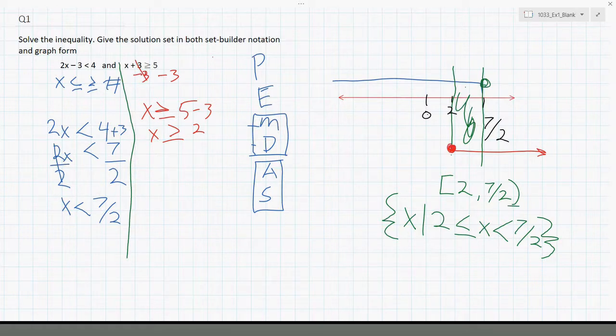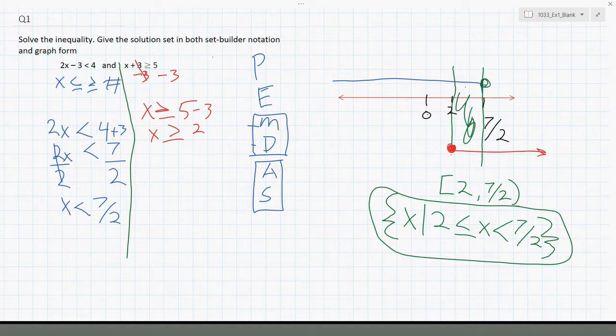So that's what the end answer would look like right there. That's the set builder notation that they're looking for, because we're stating for the variable x, we want between 2 and 7 over 2.